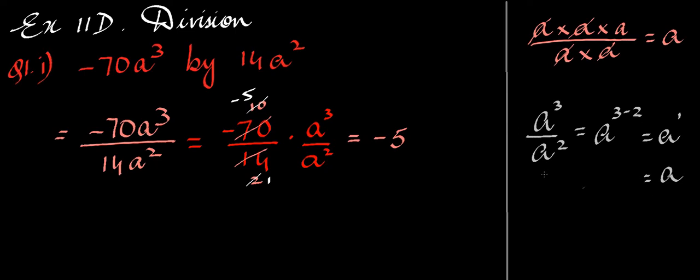So my suggestion is to go with this method because it's faster and quicker, but the ultimate choice is yours. So my answer is minus 5a. This is cut.